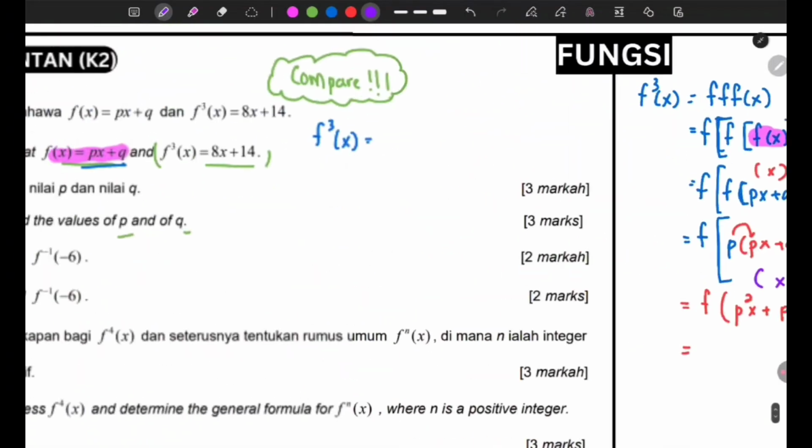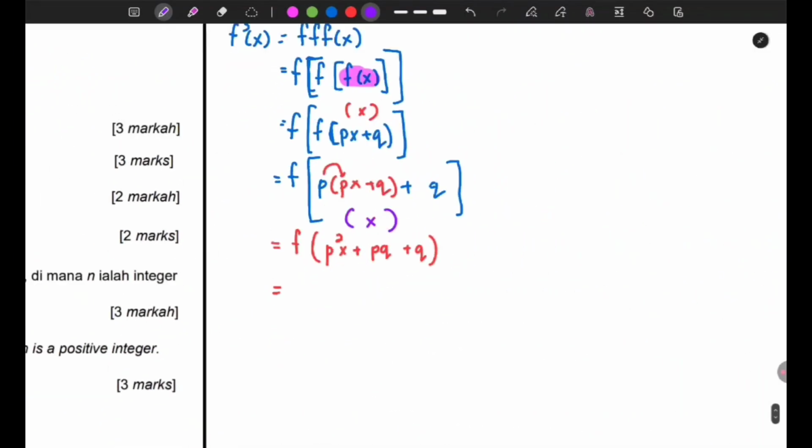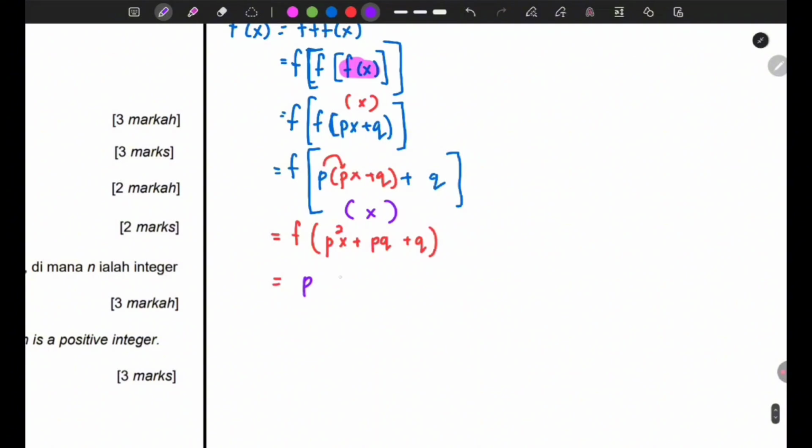So f(x), what's your f(x) again? px plus q. px plus q. So what's your x? This entire thing. Don't forget the square also. p square x plus pq. It's very long. Plus q.